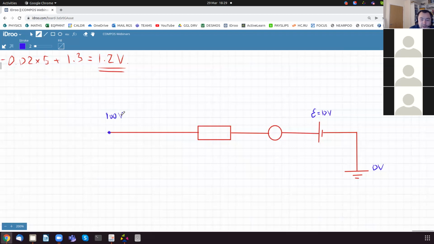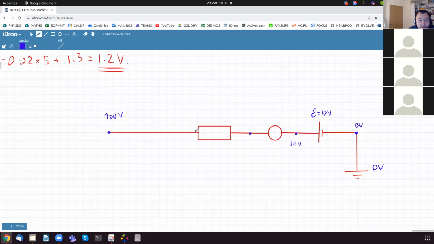This might be a bit confusing because the voltage on the battery is the potential difference across the battery. So the potential here is 0 volts. The potential here must be 10 volts.